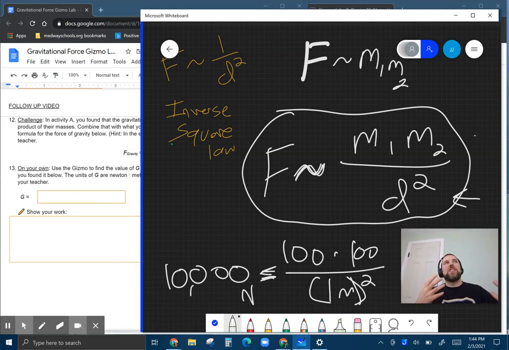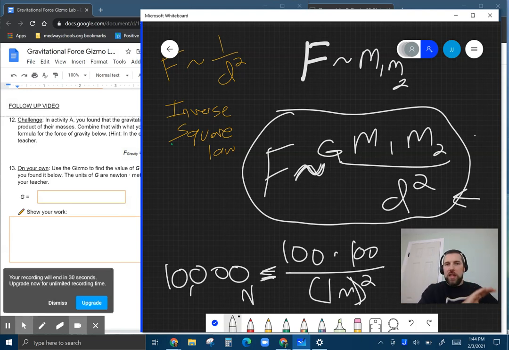So if we want to get a force in newtons and we want to use kilograms and meters, because that's what we're used to doing, I don't want to create all new units for things. I need some constant out front, some gravitational constant that'll just work to convert one to the other, right? It gets that relationship.